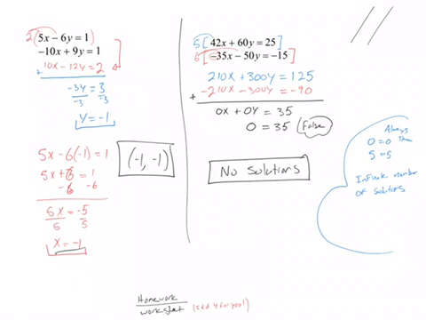Okay? So if it comes out to be never true, like this, a false statement, then that's when you would say no solutions. If you end up with something like this that's always true, then you'd say infinite number of solutions. And you will have a few of these on your homework. I think 2 of these to give you a little hint there.